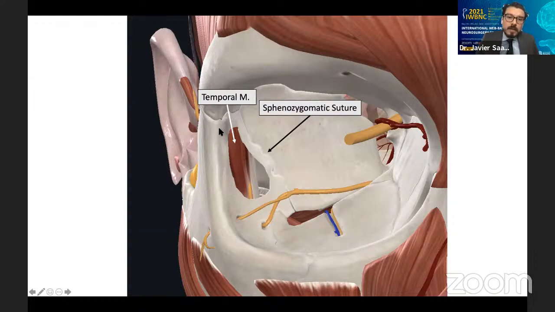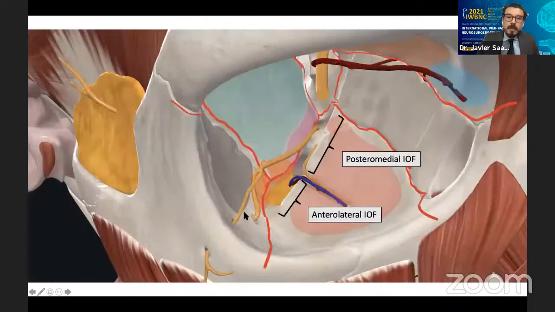As we just said, that's one of the important steps during the surgery, because drilling this bone structure will allow you to handle your tools more easily during the surgery. Then if you want to keep going more inferiorly, you will find this nerve. This is the zygomatic nerve and its branches, which are the zygomaticofacial and zygomaticotemporal nerves.